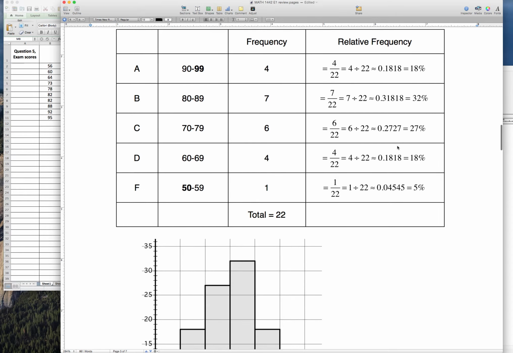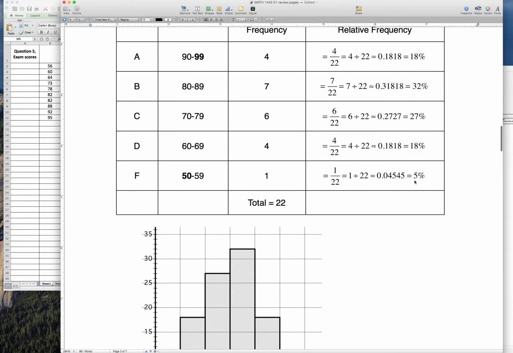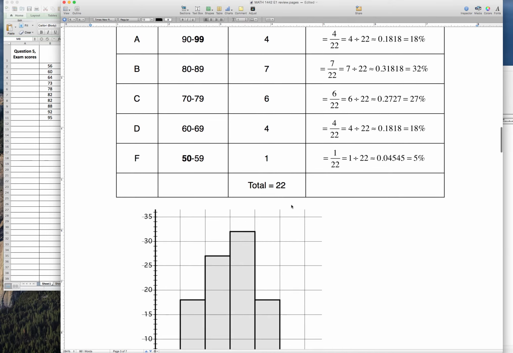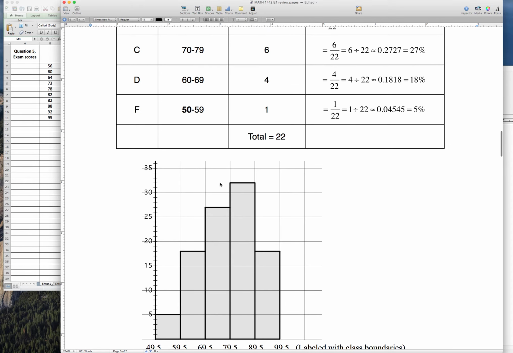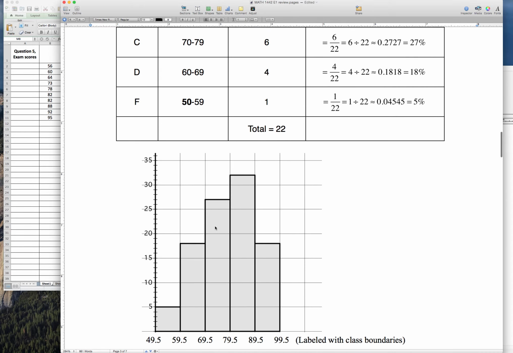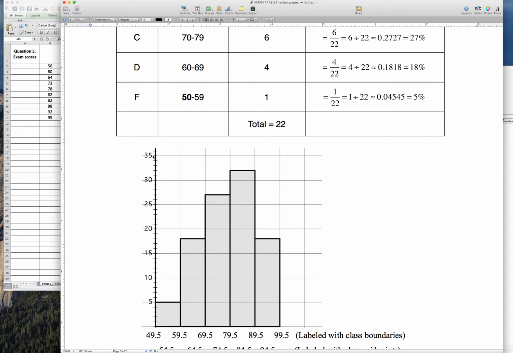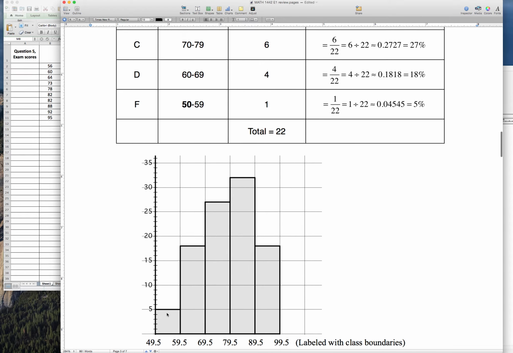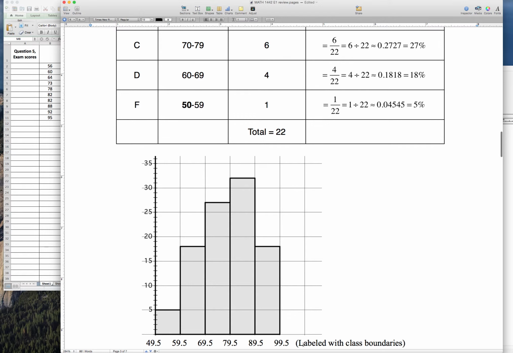Now, to draw the histogram, remember these go from 5% to 32%. 32% is the largest value. And so the scale on the diagram that I gave you here goes up to 35. These are percentages. The y-axis will be the percentages that each class represents. And you would want to label the classes, in this case with class boundaries, 49.5, 59.5, etc., all the way up to 99.5.